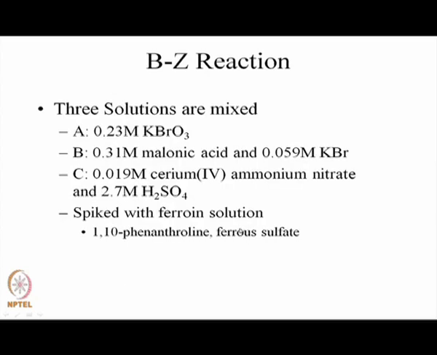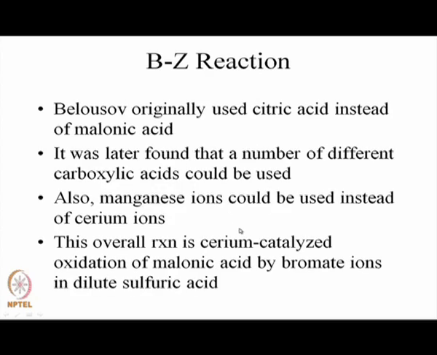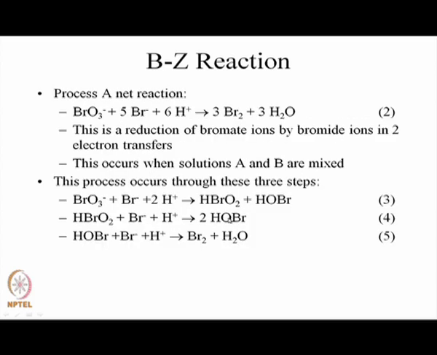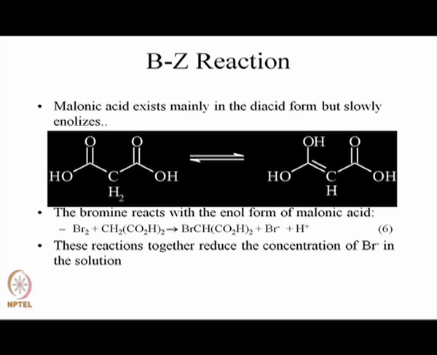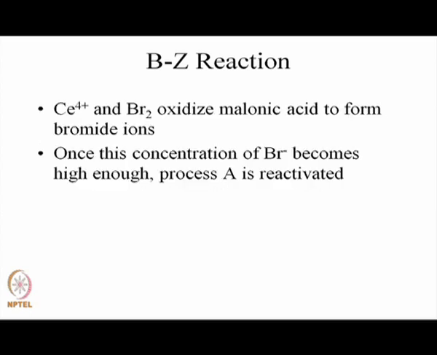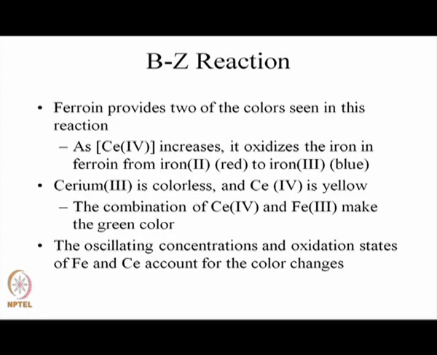Then we came to the BZ reaction, and like the BR reaction, it has process A and process B. Process A is a non-radical reaction with 2 electron transfer, and process B is a radical reaction with 1 electron transfer. And here malonic acid is a very important ingredient, and the color is because of the cerium and ferroin system, as I explained.